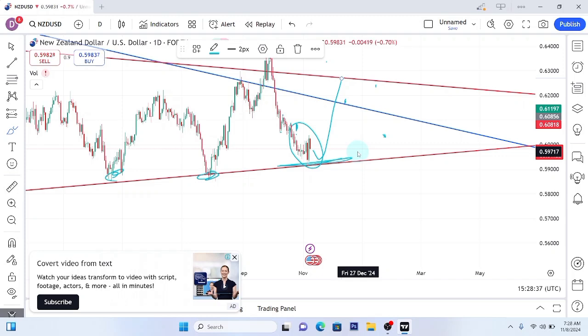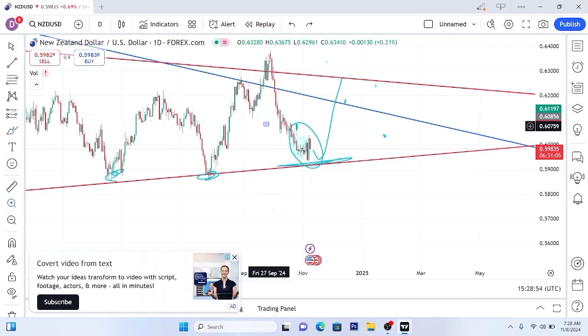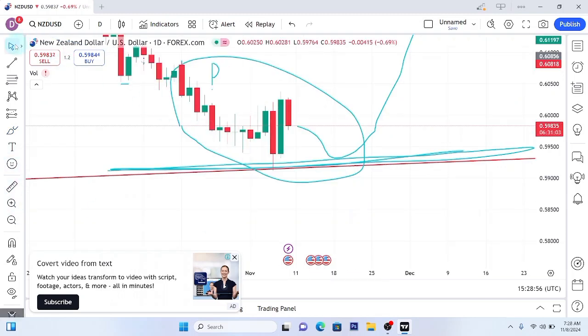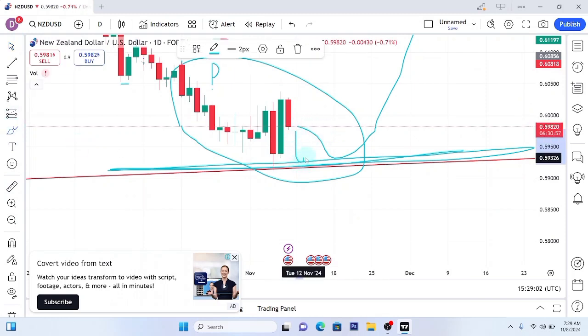We can find an entry when this candle drops to this point. Let me show you so that we can see clearly. We are looking at this daily candle, and it comes to hit this point.